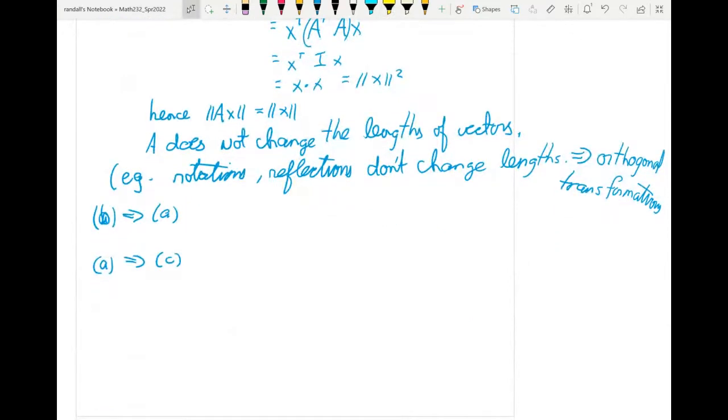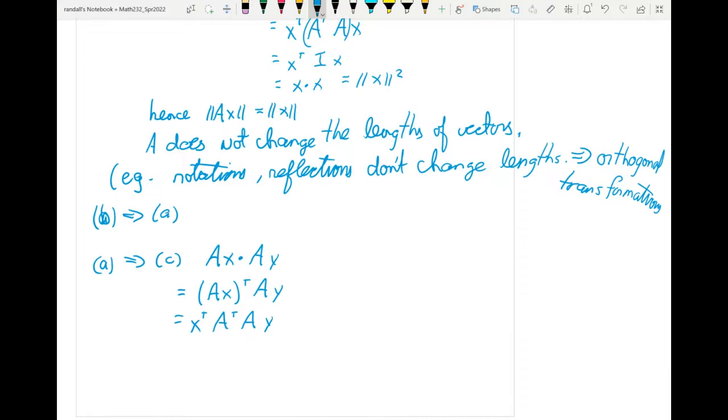Under the assumption that A is orthogonal, I look at this dot product, Ax dotted with Ay, and again I translate the dot product into matrix multiplication using the transpose. So now I see that as matrix multiplication. Then I use the property of the transpose, and I'm going to use associativity here as I did above.